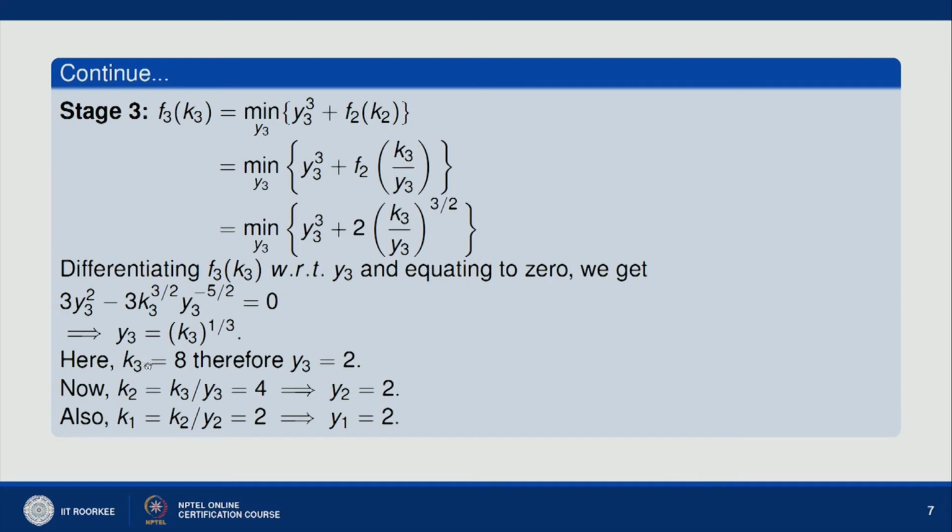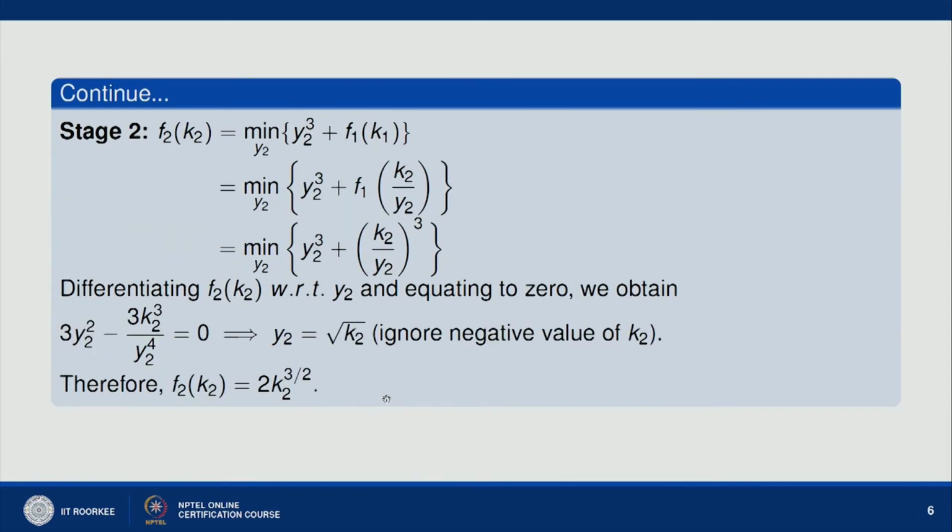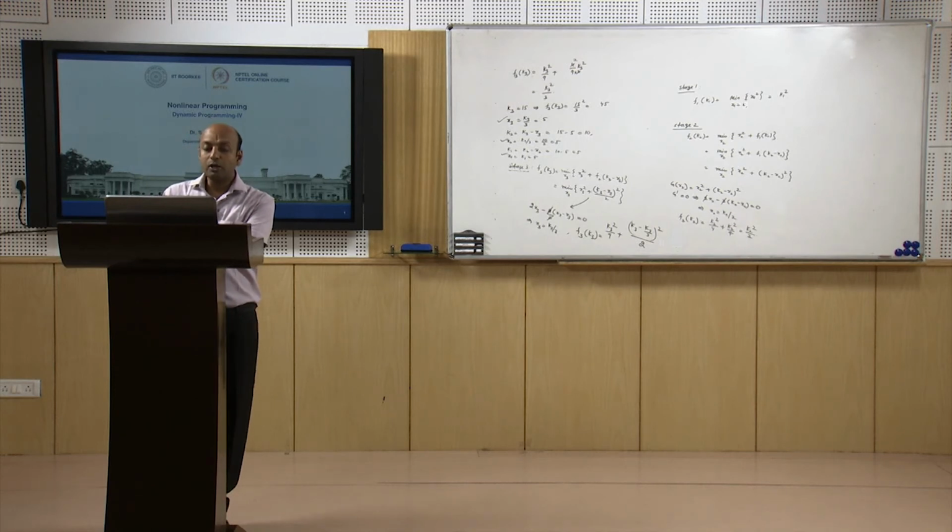Now, we know that k3 is equal to 8. So, substitute k3 equal to 8 here, and we get y3 equal to 2, as k2 equals k3 upon y3, that is 8 upon 2, which is 4. So, y2 is 2, because y2 is the square root of k2.